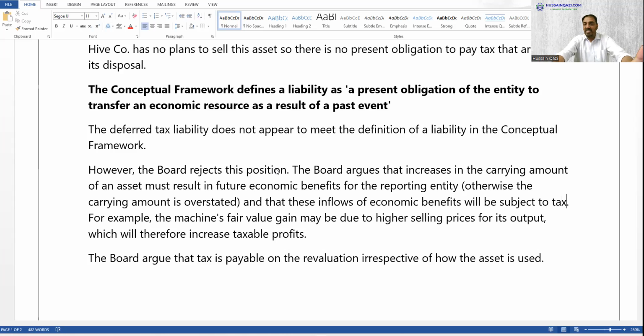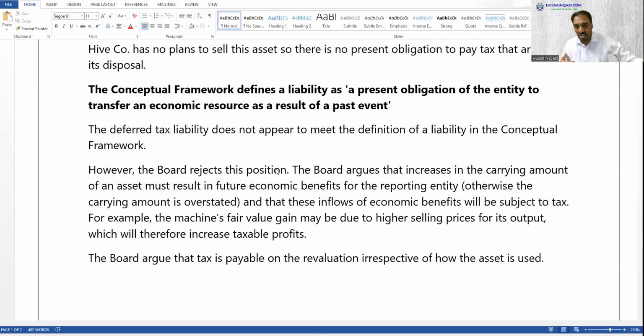So the board rejects the position that if we are not recognizing the liability, net assets become overstated here. For example, the fair value gain may be due to a higher selling price of its output, which will therefore increase taxable profit.